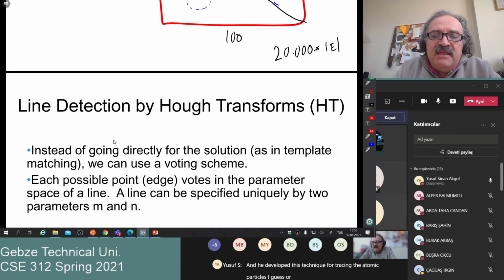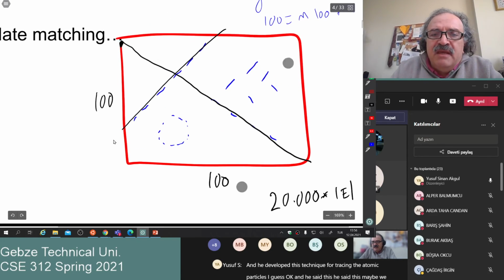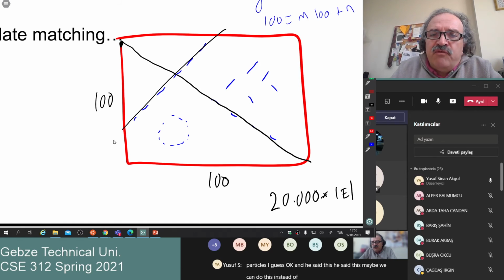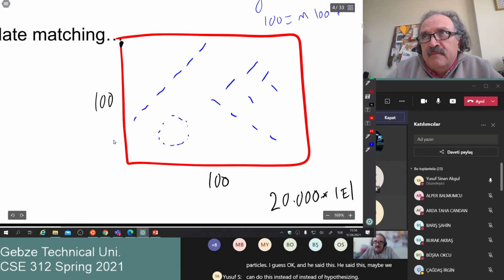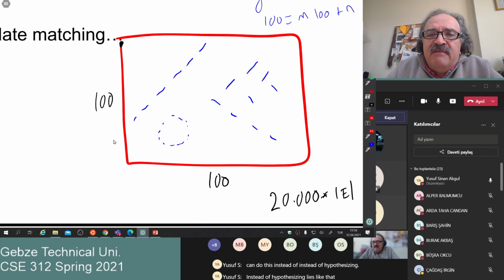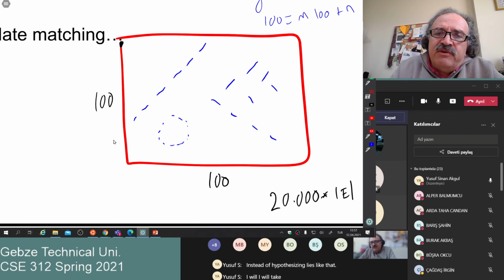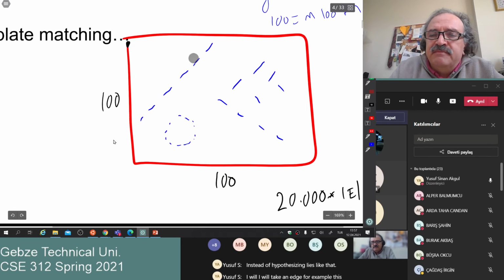And he said, maybe we can do this instead of hypothesizing lines like that. I will take an edge, for example this edge.